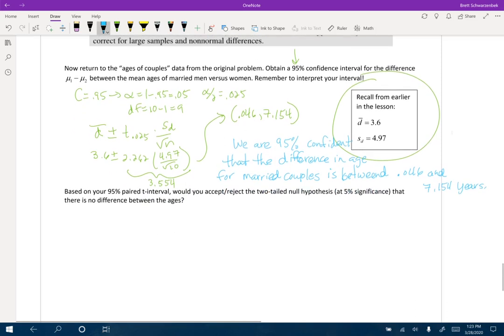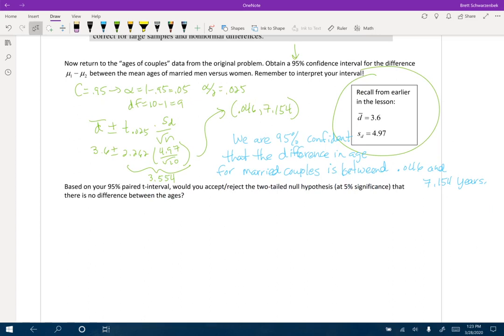I like the word between better. So obviously, as stated, these are in years, right?